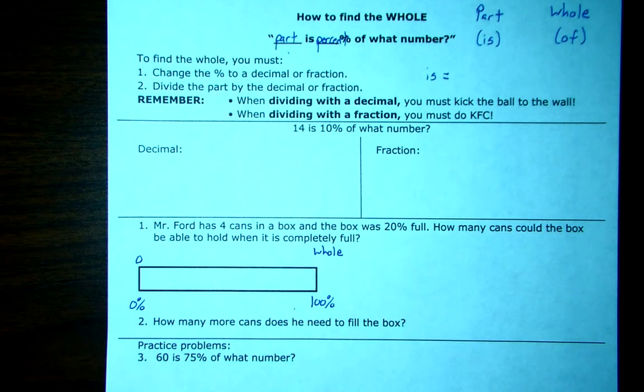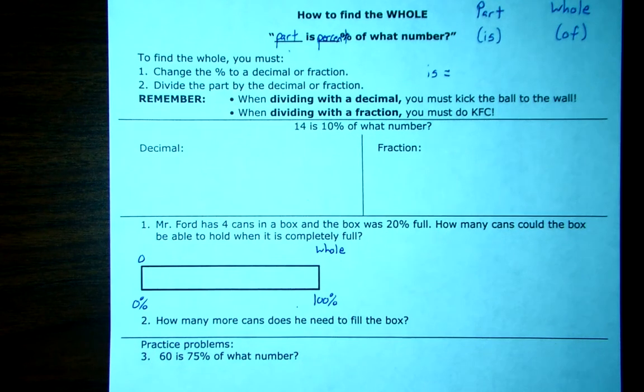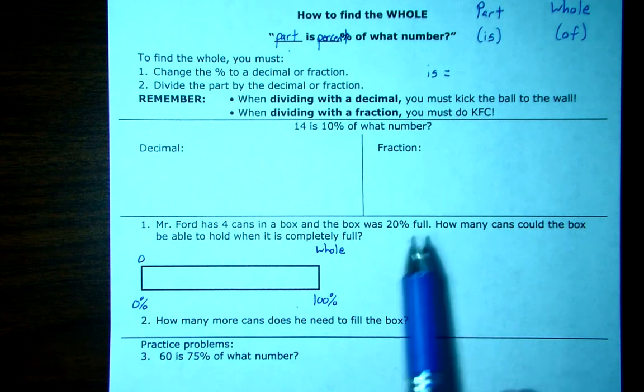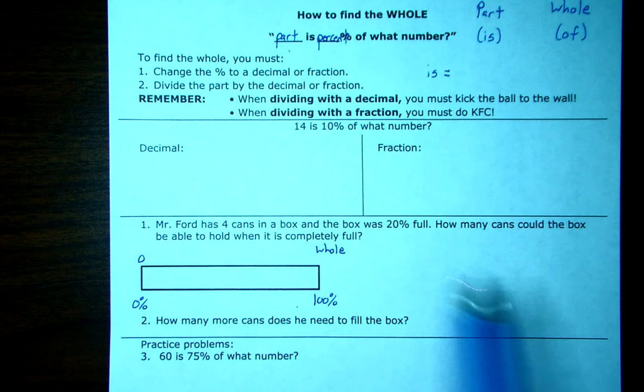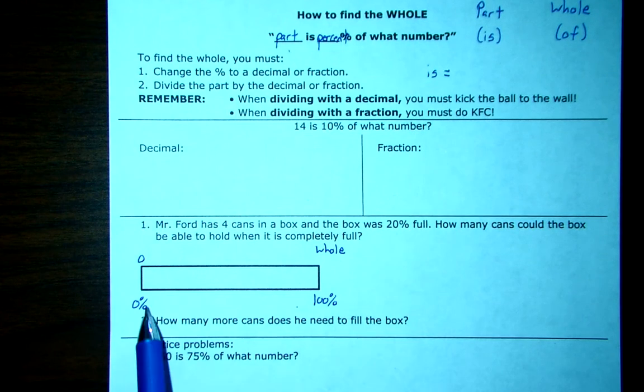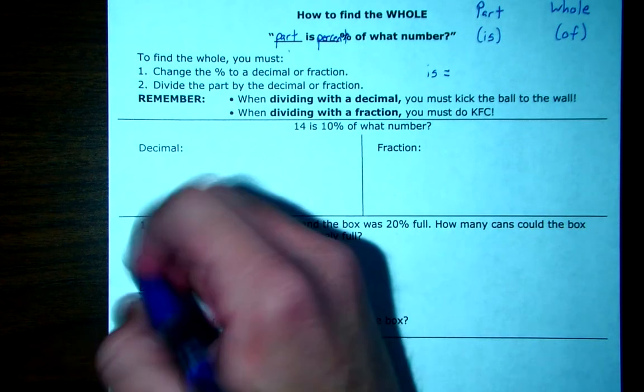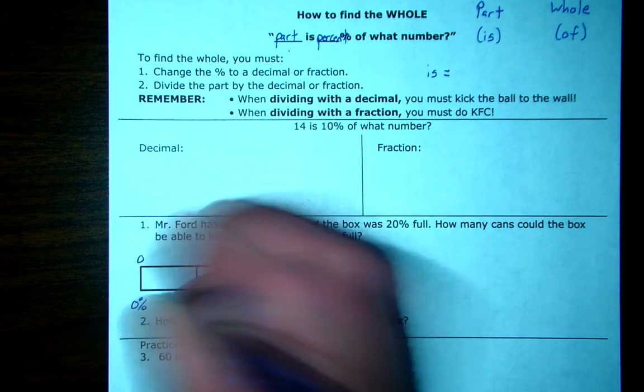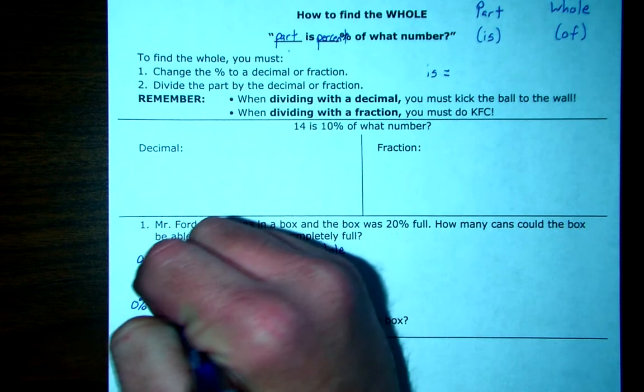Hold on, sorry, I need to read this again. Miss Ford has 4 cans in a box, and the box was 20% full. How many cans could the box hold when it is completely full? Now, it gives us some key information. 20% is closer to 0%, so I'm going to create my little percent bar right there.